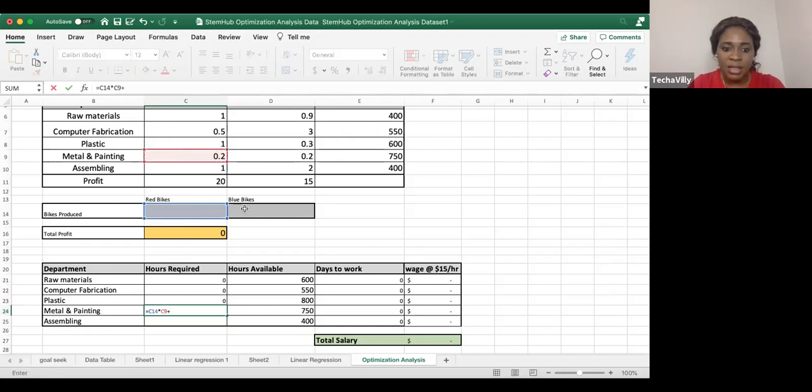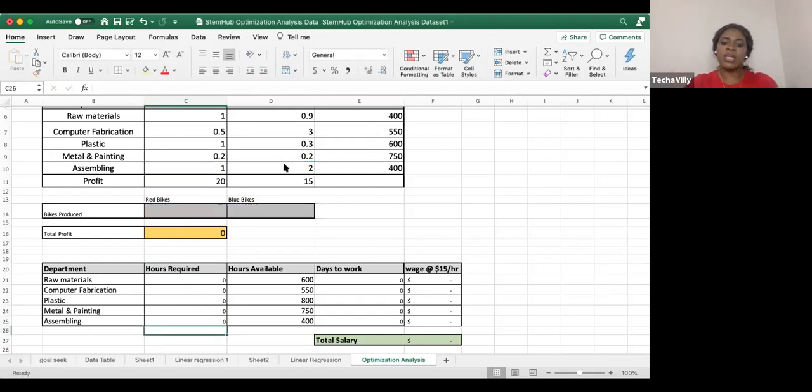You add the number of blue bikes, multiplied by the number of hours it takes them to produce one blue bike. You hit the enter key. We do the same thing for the last one: the number of red bikes multiplied by the number of hours it takes them to produce one, plus the number of blue bikes multiplied by the number of hours it takes them to produce one bike. And then you hit the enter key.